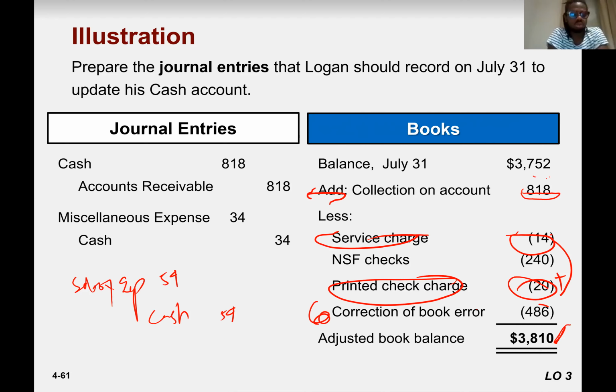So 486 you needed to, so this looks very nice, you just add 0 here, right? But you cannot do that. Why? Once you record it, it cannot be edited. Otherwise, it is a fraudulent activity, right? So you cannot just put 0 here. So you make an adjustment entry.